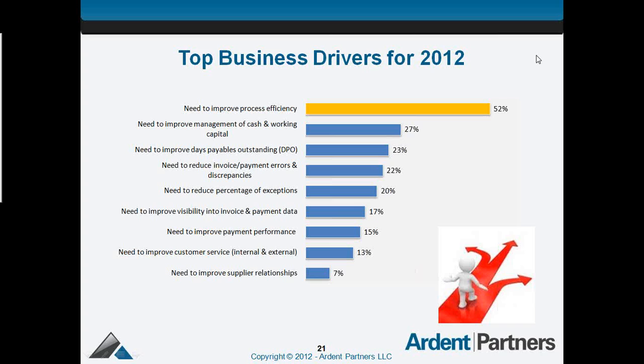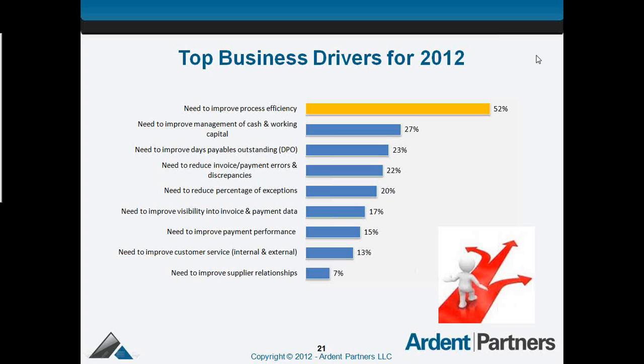Like, for example, the second business driver, it's further down in terms of business pressures with only 27%, but it is the second business driver that we found, and it's the need to improve management of cash and working capital. And AP can really have an impact on this, but what it does need to do is get its house in order and function efficiently first.